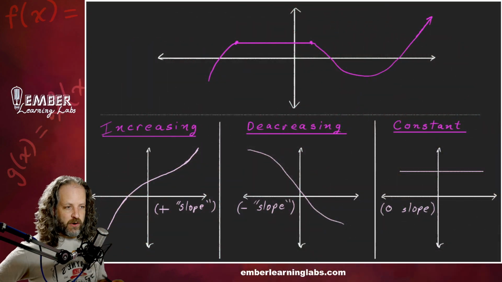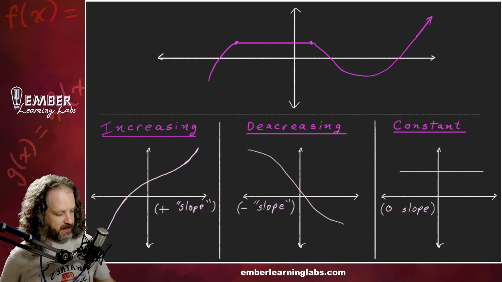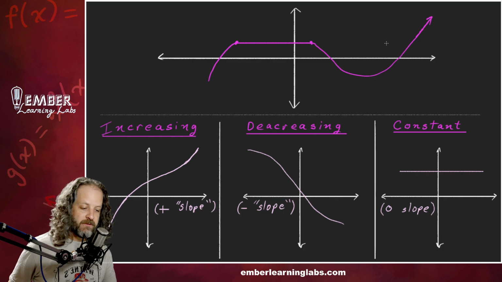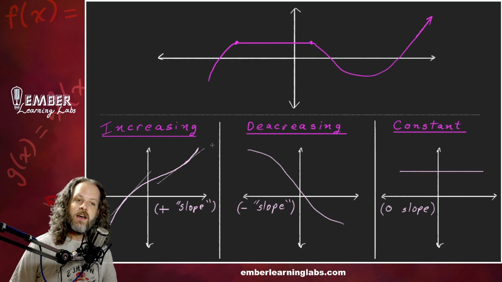All right, so a function can be doing different things. I know, shocker, right? So for different intervals along a function, it can be either increasing. What we think about that is if we were drawing a line that was tangent to the graph at a given point, that's close enough, right?